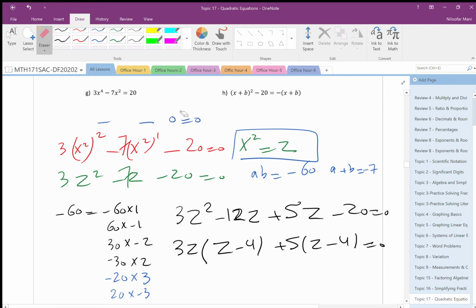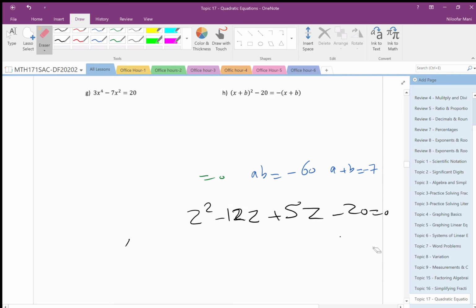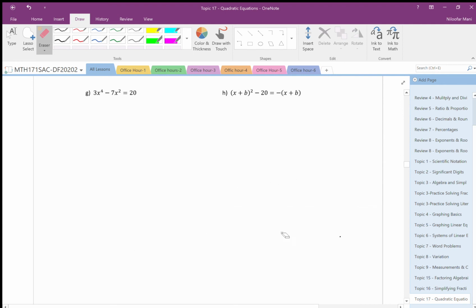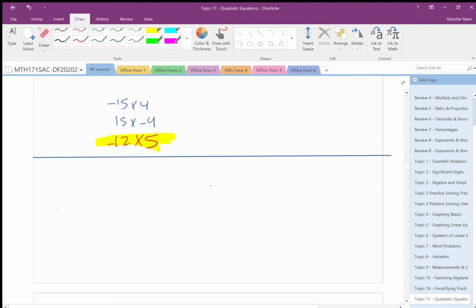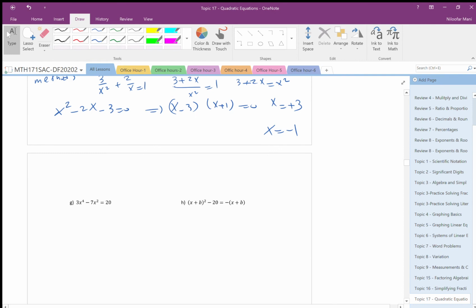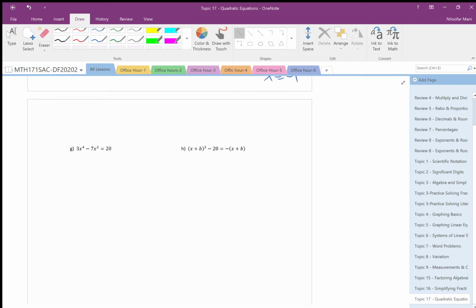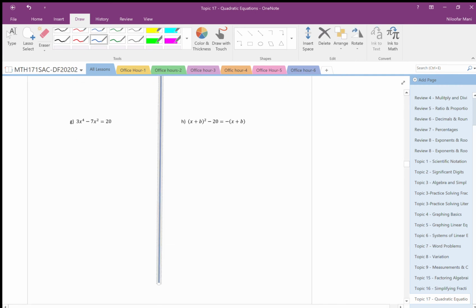So I just remove it here and I do this from the beginning. Yeah, because these are two good questions. Okay, and yes, so I make a line here.